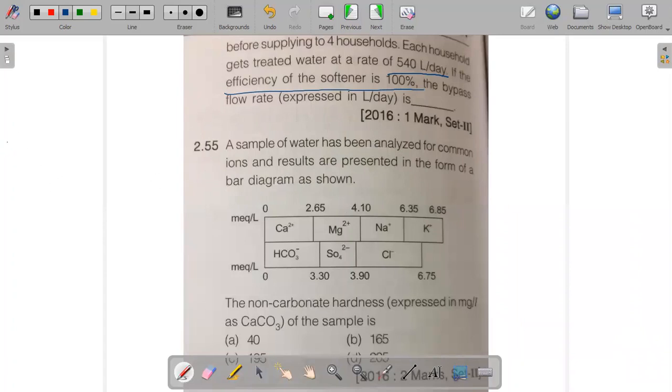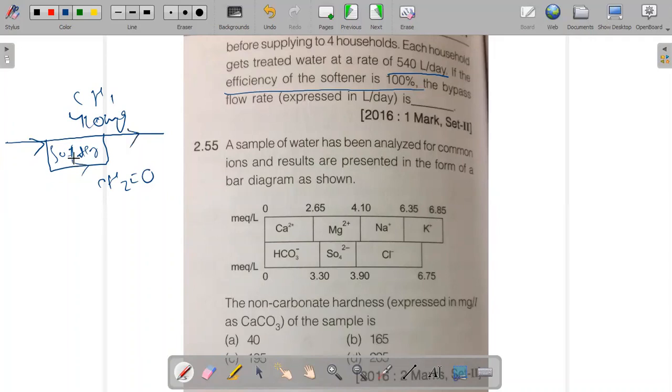One method is that you draw the flow chart. There is a 450, isn't it 450? Yeah, it is. No, it's 420. Let's say 420 milligram per liter of carbonate hardness 1, and we have a softener, let's say carbonate hardness 2, which is 0 because it's a softener, and after mixing we'll get 75 milligram per liter.